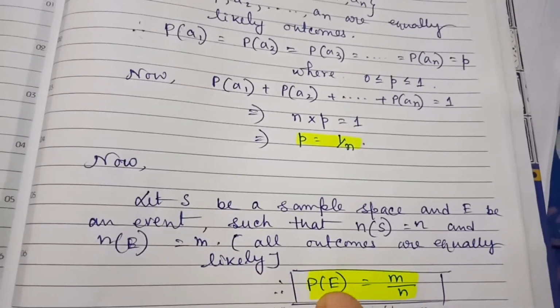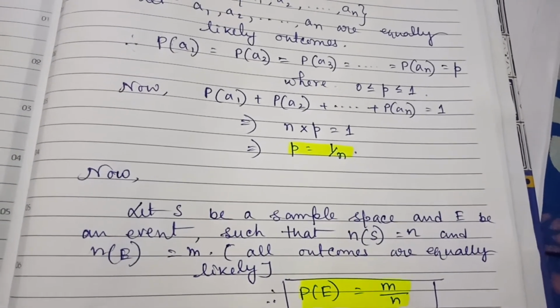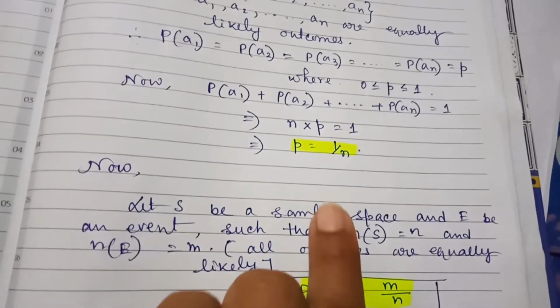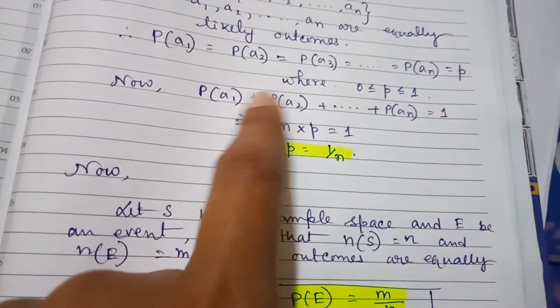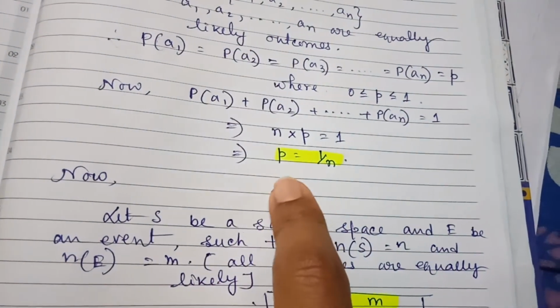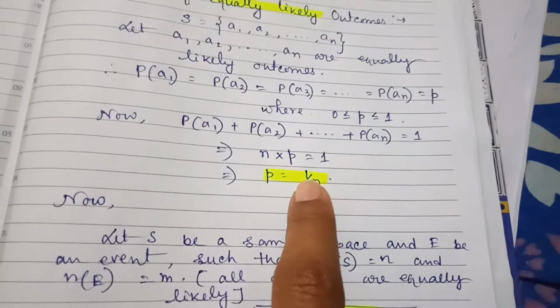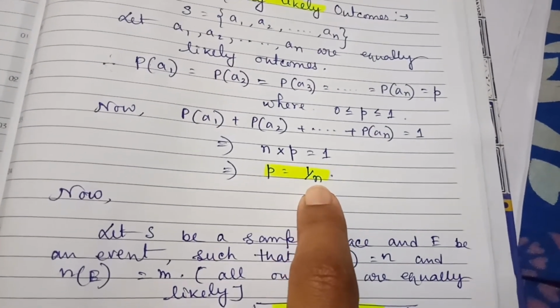Therefore we will write P of E equals M by N. Why M by N? Because we are taking M elements here. One element's probability is 1 by N, so M elements' probability will be M by N.